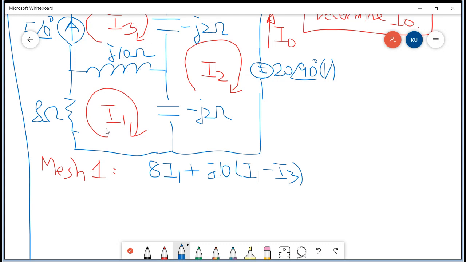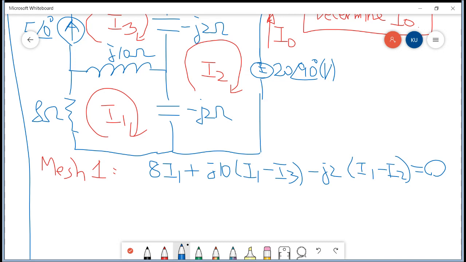So for this inductor, I1 is a positive direction, I3 is the negative direction. So we have J10 multiplied by I1 minus I3. And for this one, minus J2 is this capacitor, so it will be I1 minus I2. So this is the first mesh equation.